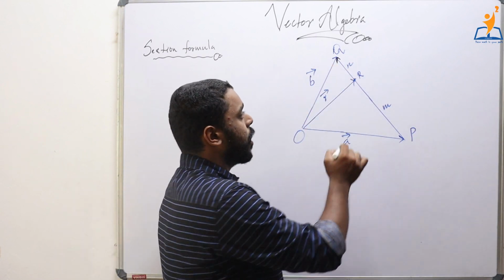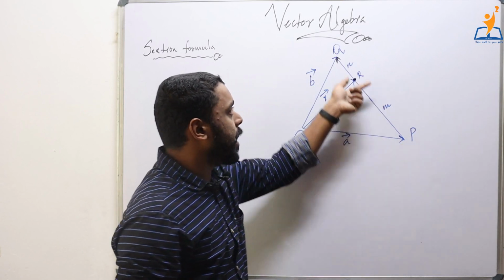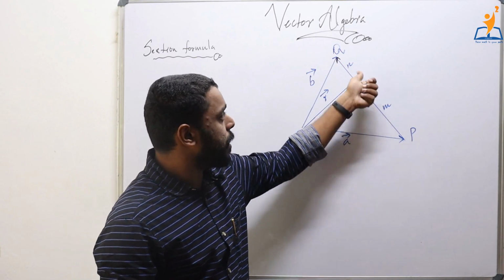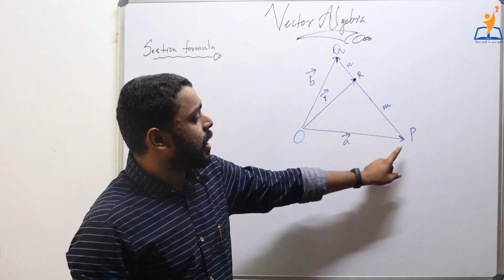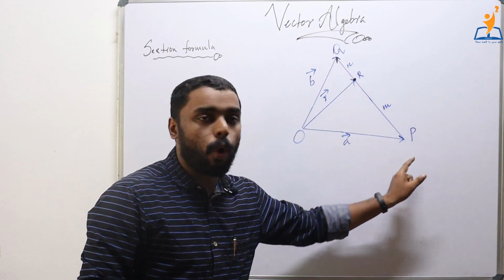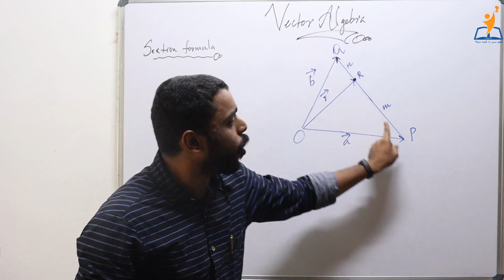Now suppose that we have a point R which divides the line PQ into 2 parts, in the ratio m:n. That is, the segment PR contains the m portion of the whole line, and the segment RQ contains the n portion of the whole line.